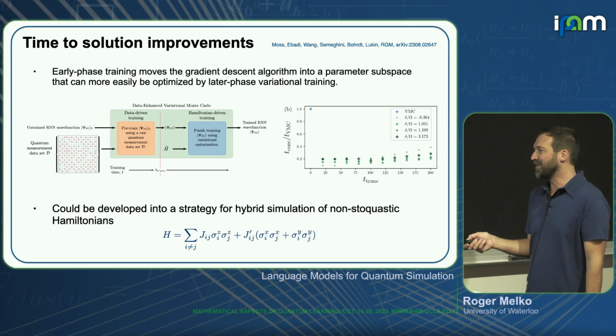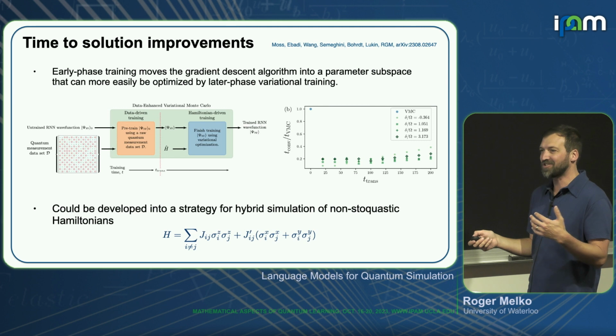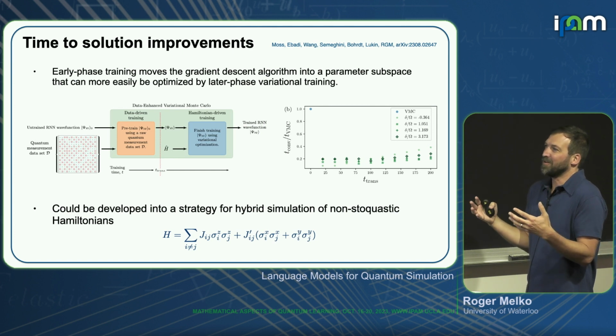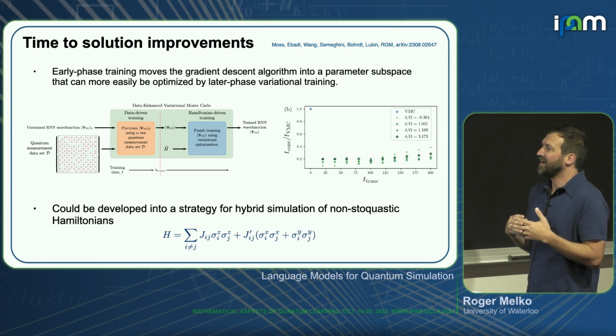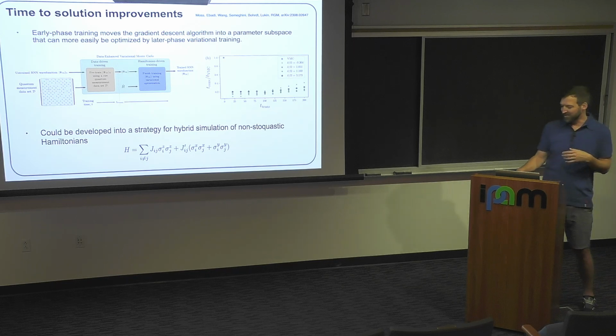So my pitch, again, for the value proposition for quantum data, even if it's severely limited, is early phase training for all of these variational methods that we've been struggling with in condensed matter for years. If you can prepare a quantum computer, like a gas microscope quantum computer, that prepares states of the Hubbard model, and you can get some data, even if it's limited in the number of bases and number of shots, you can potentially get orders of magnitude improvement on the time to convergence for classical simulation algorithms.